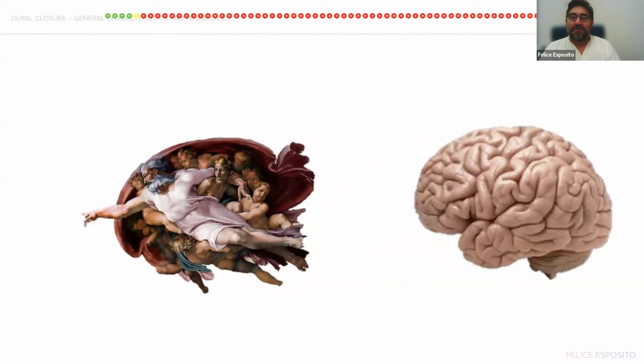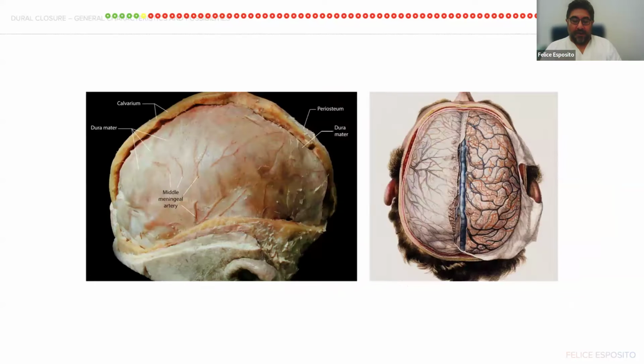So Michelangelo wanted to paint the idea of God by painting his mantle, and that's why I showed this, because the mantle of the brain is actually the dura mater.